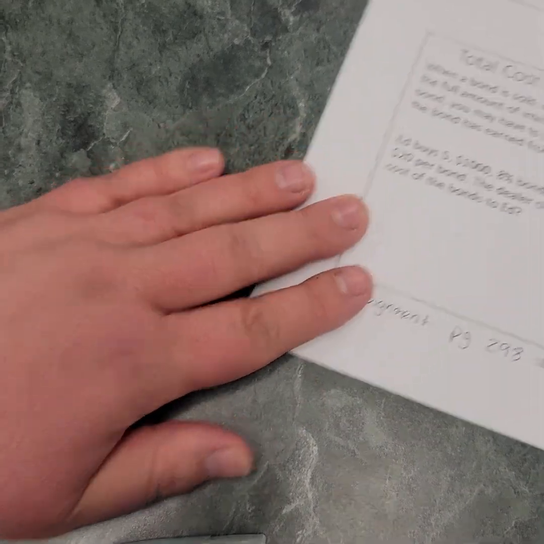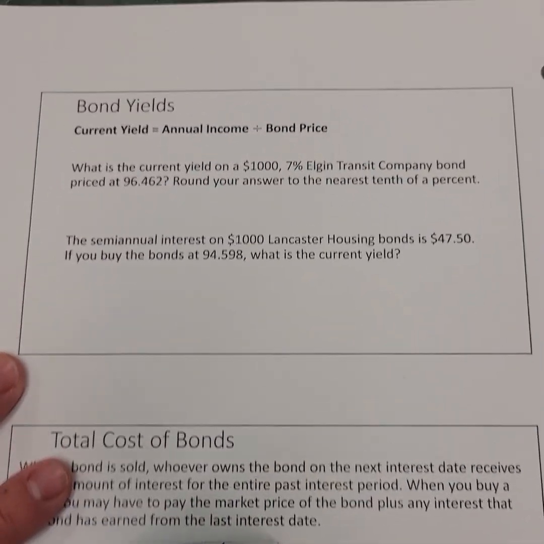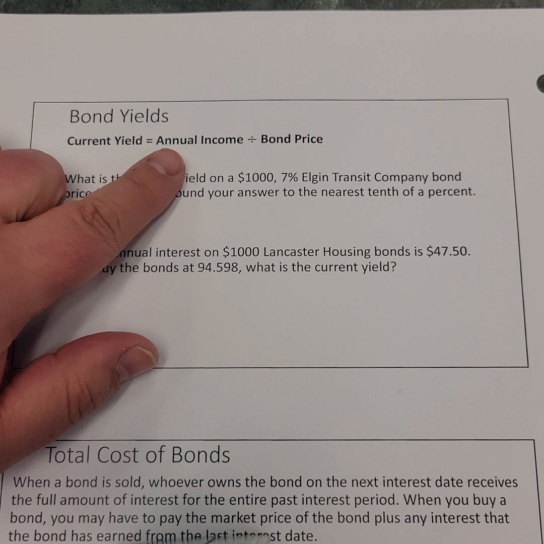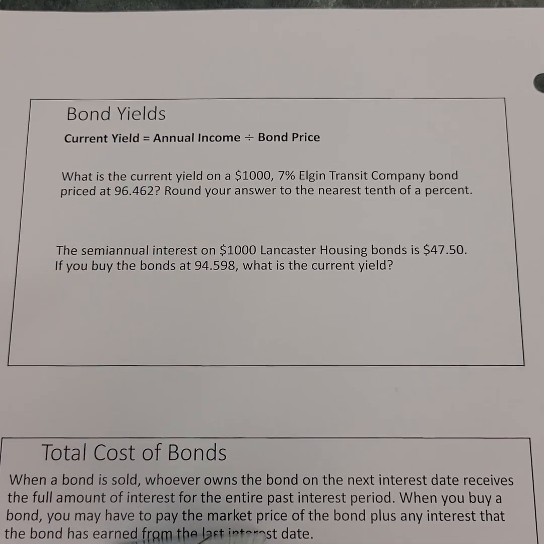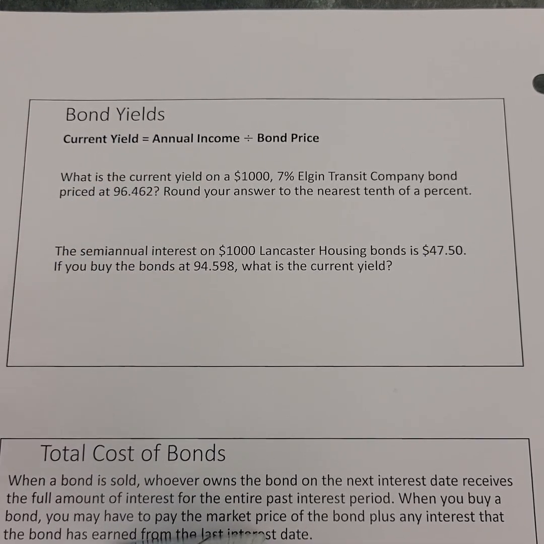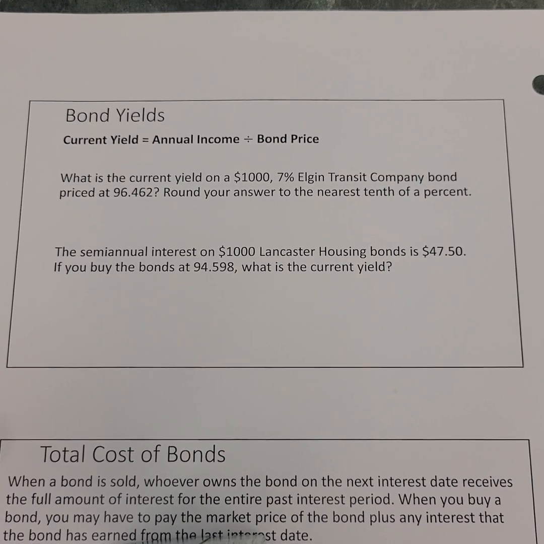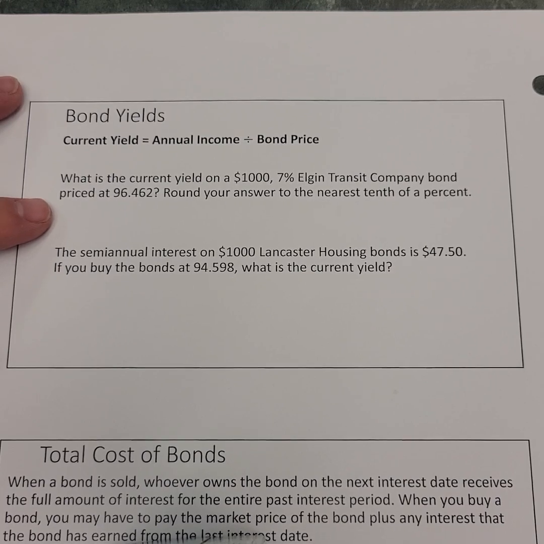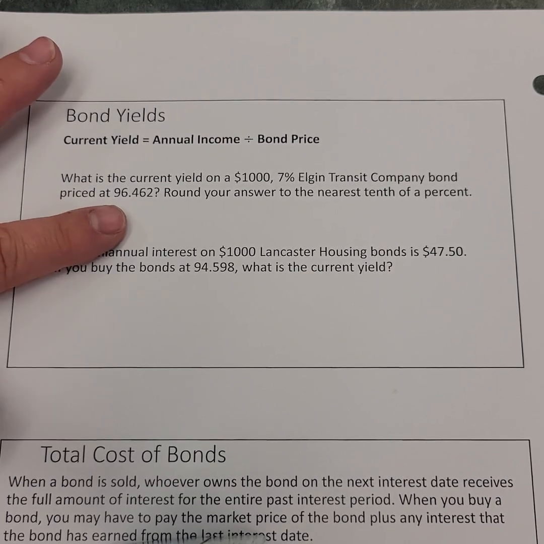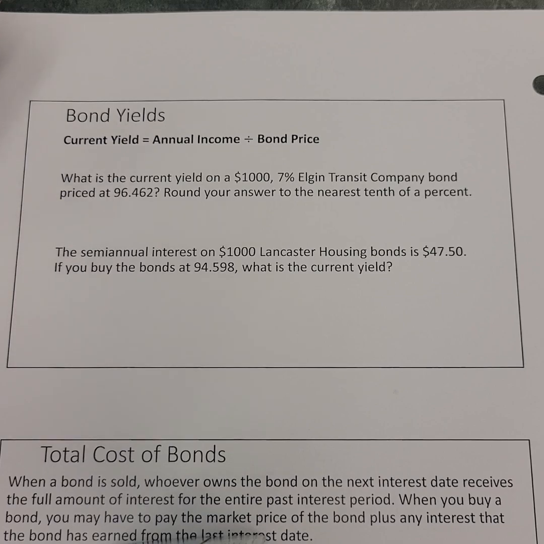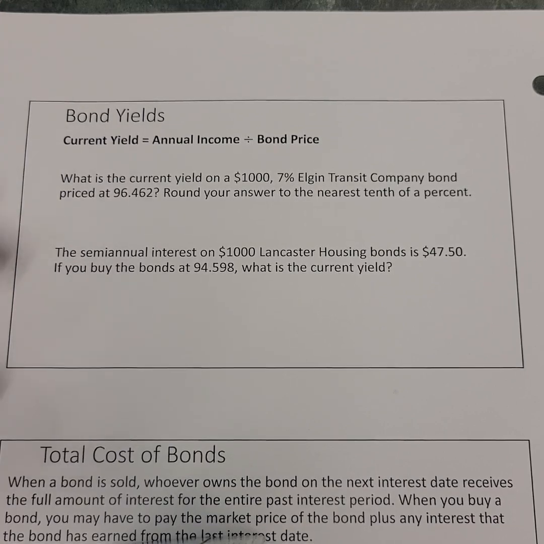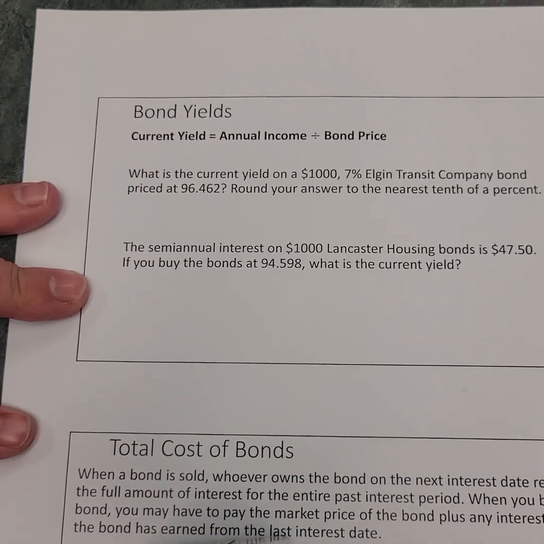Okay, so let's look back here. Bond yield. The current yield is the annual income, or the interest that they're going to get, divided by the bond price. So the current yield on a $1,000 7% bond, priced at this. We're going to have to do several steps.